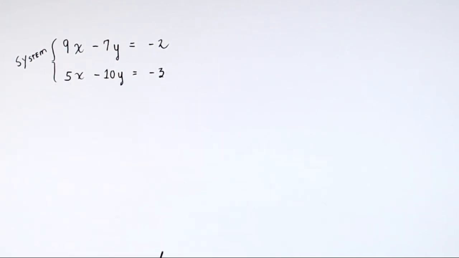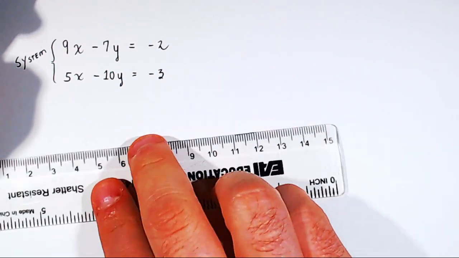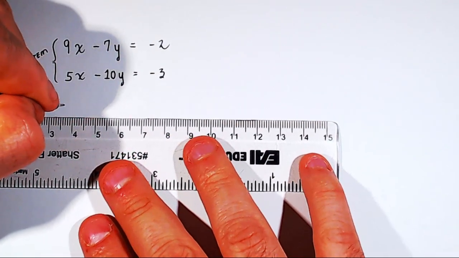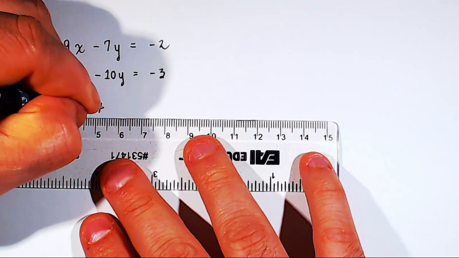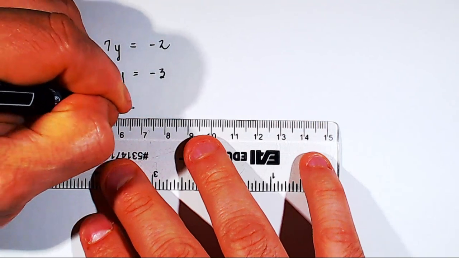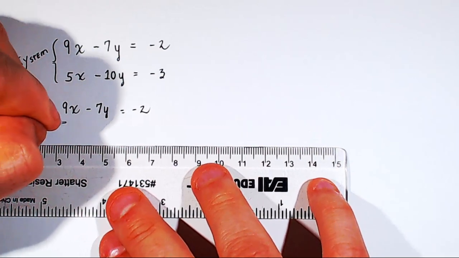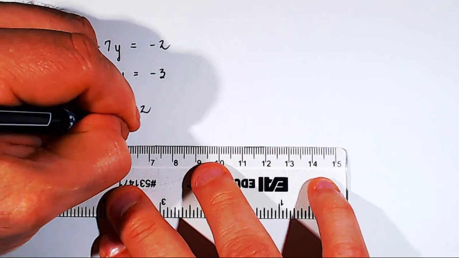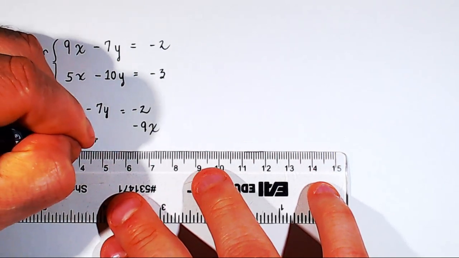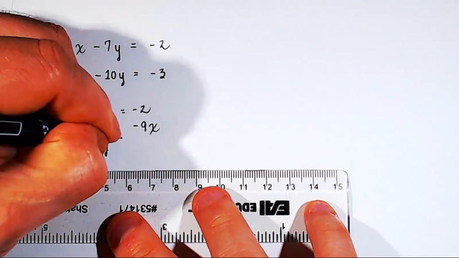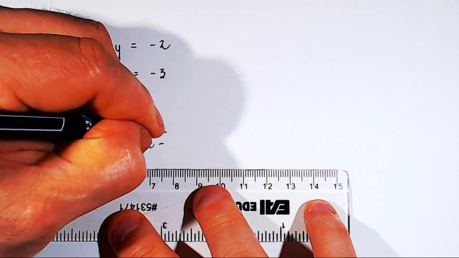So here is our system. These two equations are given in standard form, so just like previously, my first step is to get these equations in slope-intercept form. 9x minus 7y equals -2. First I'll subtract 9x on both sides, and I have -7y equals -9x minus 2.